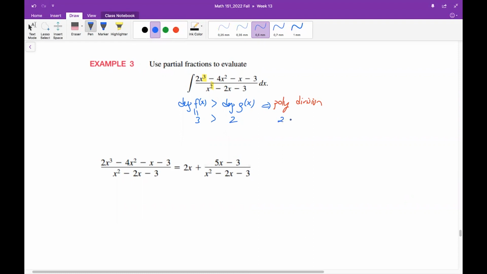Okay, it is 2x cubed minus 3 divided by x squared, like that. Okay, if you do this polynomial division, you need to multiply it with 2x, and then what you have, 2x cubed minus 4x squared minus 6x.